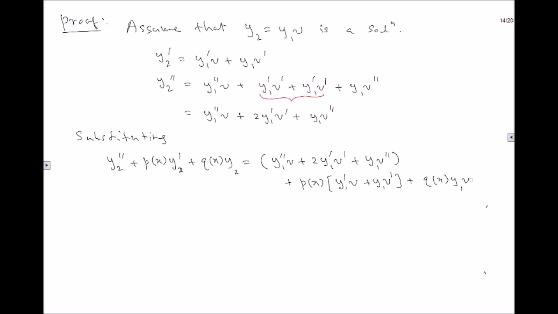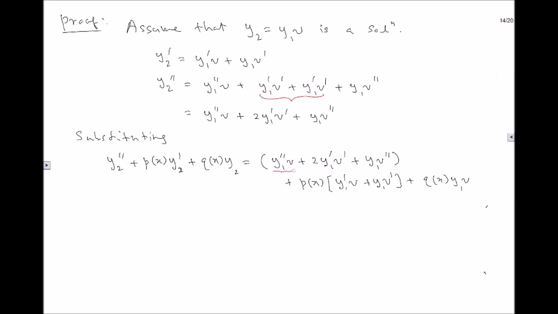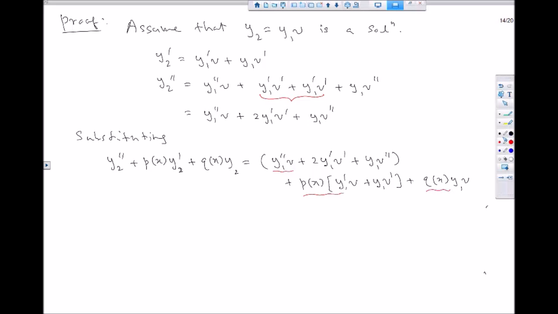Now we're going to simplify and collect the terms. Let's collect the y1 terms: there's the one in the second derivative, and then these other two. We're going to collect those three terms together.